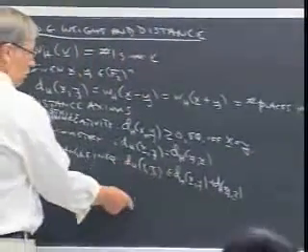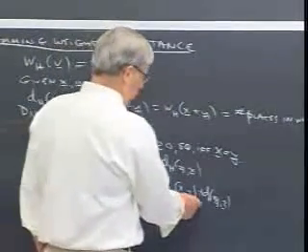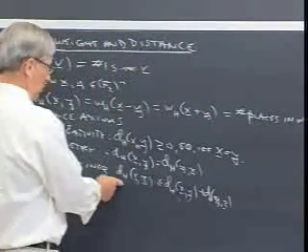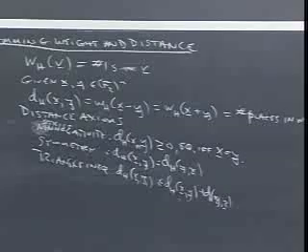If x differs from y in only n1 places and y differs from z in only n2 places, then clearly z can't differ from x in more than n1 plus n2 places.